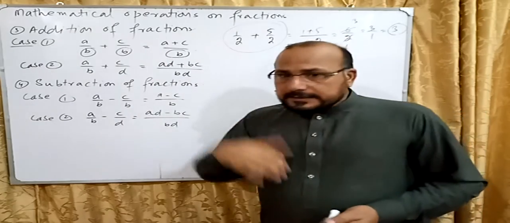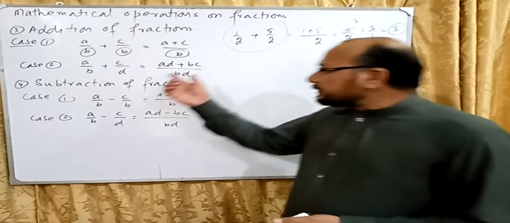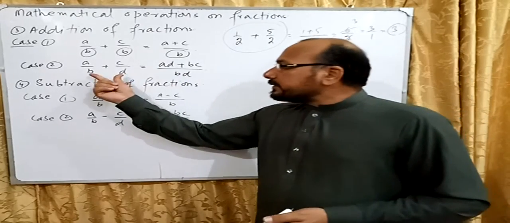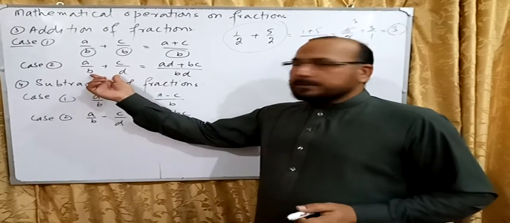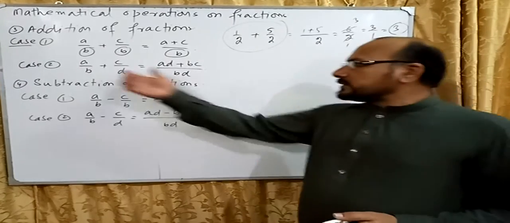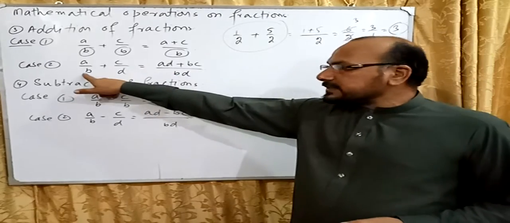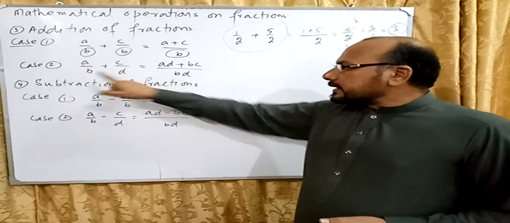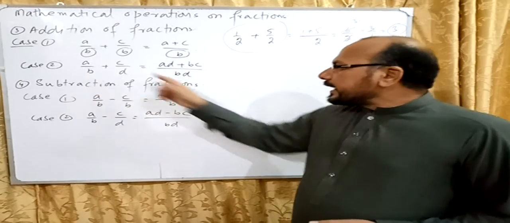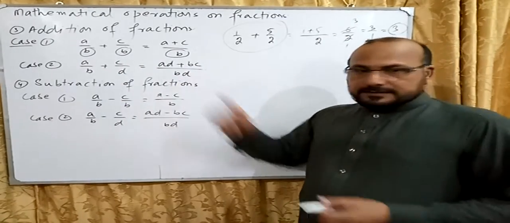The second case is if we have different denominators. Then we will take the LCM. How? We will multiply both the denominators, and that will be considered the LCM of both fractions. Then divide the LCM by the first denominator and multiply with a. After that, do the same with the second.